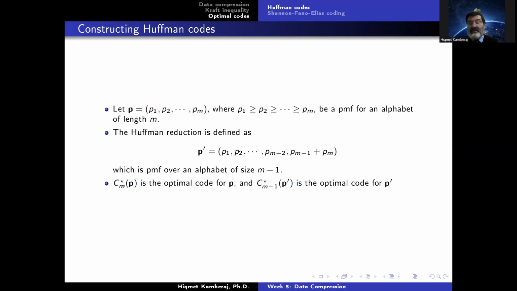This is a probability mass function for an alphabet of size M. The Huffman reduction is defined as P prime, which is p_1, p_2, up to p_{M-2}, however p_M and p_{M-1} are summed up: p_{M-1} plus p_M, which is a probability mass function over an alphabet of size now M minus 1. C_M star of P is the optimal code for P, and C_{M-1} star of P prime is the optimal code for P prime.